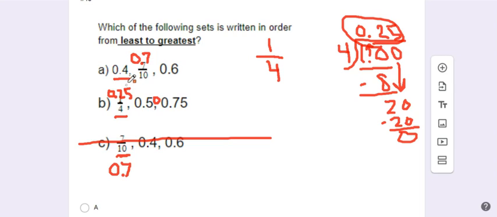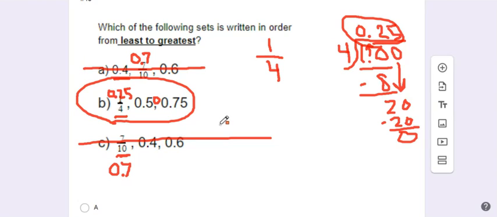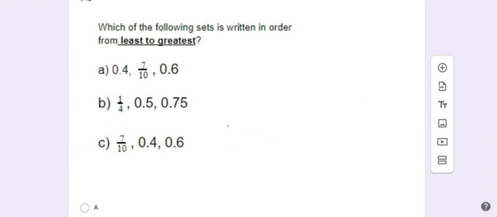And so as you can see, list A is also not in order from least to greatest because we have that 0.7 before the 0.6, and 0.7 is bigger, right? It should be after the 0.6. So the only list that's in order from least to greatest would be list B. Okay, so take your fractions, put them in decimal form, and then you can order.